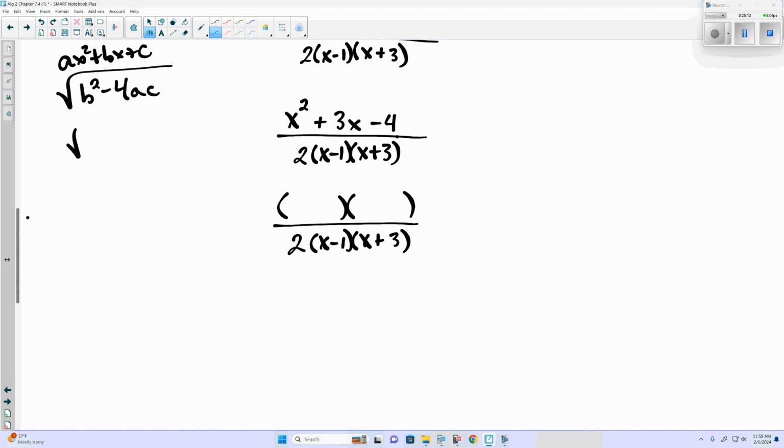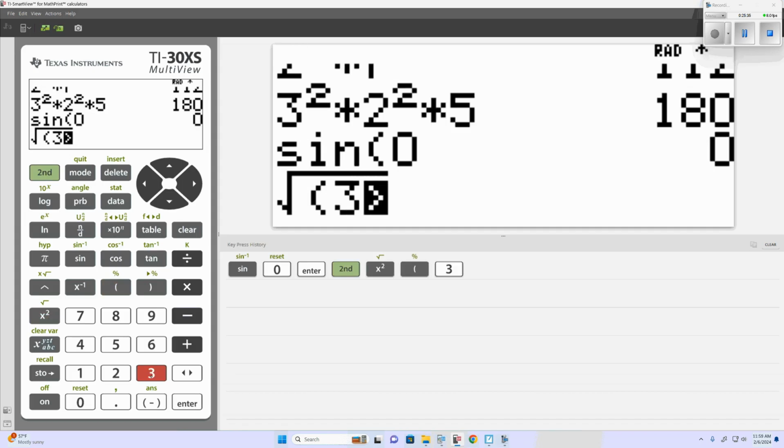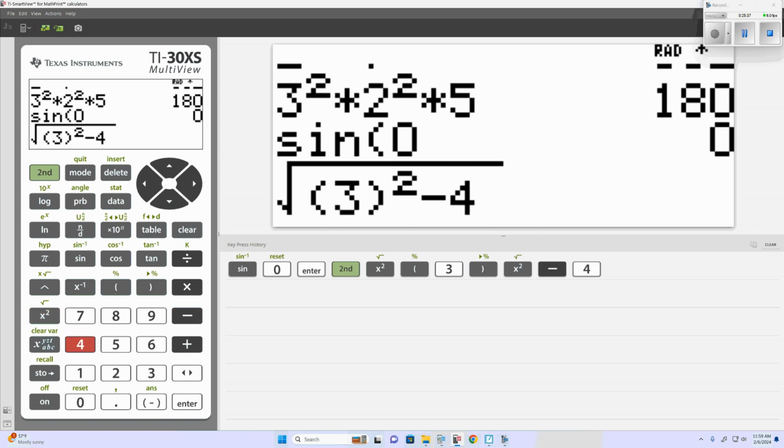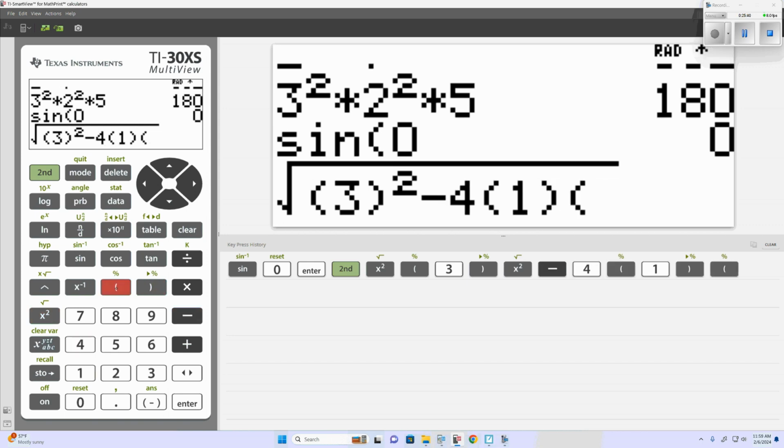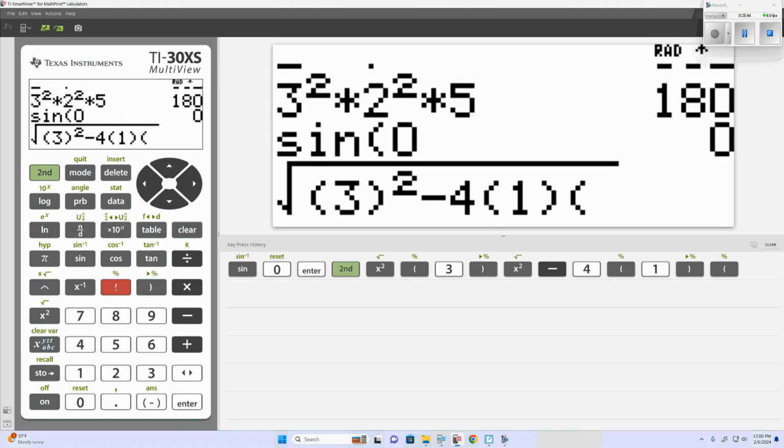So in this case here, our b term is 3. 3 squared minus 4. A, the number in front of x squared, is 1. C is negative 4. If this gives us a number without a decimal, then it is factorable. 3 squared minus 4 times 1 times, make sure, negative 4.